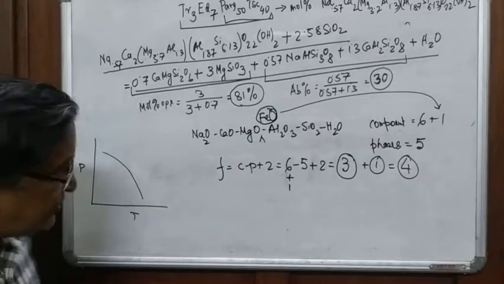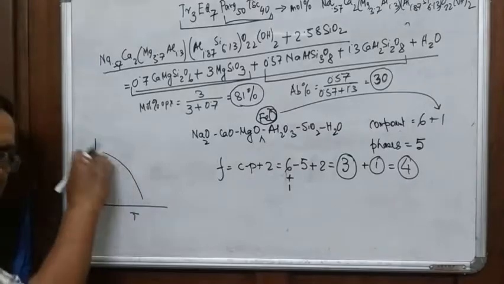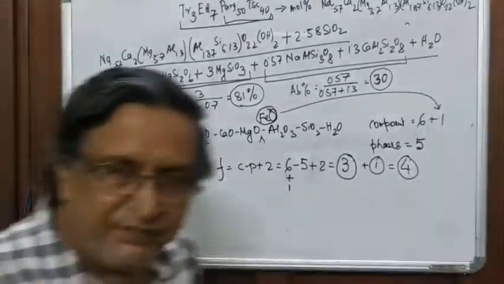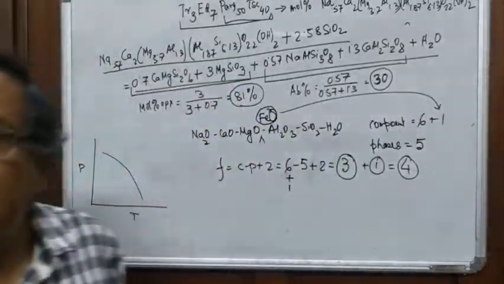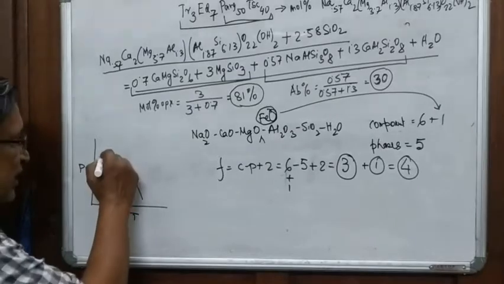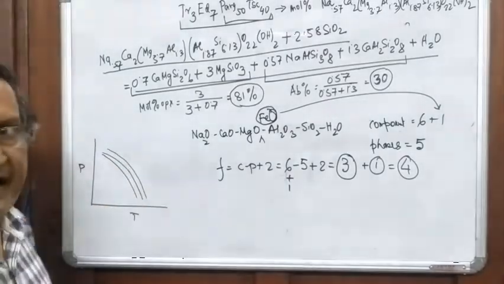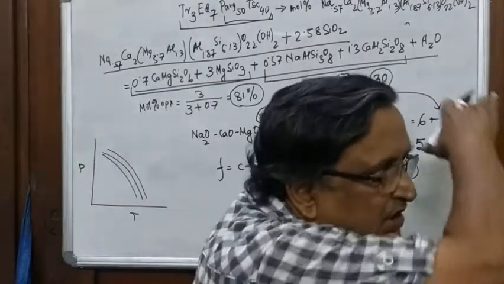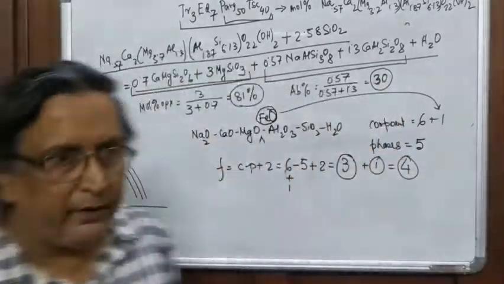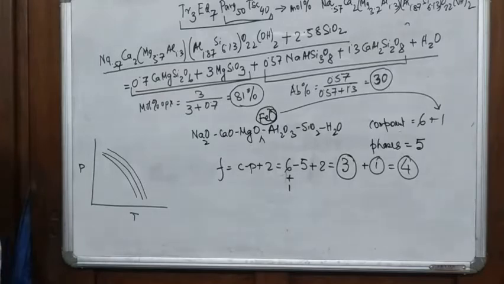That means these are not univariate lines. These are actually more than univariate. These are bivariate lines. So all these lines that I have drawn have more than one variance.